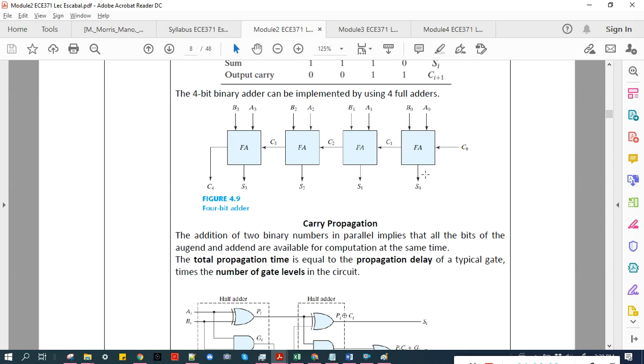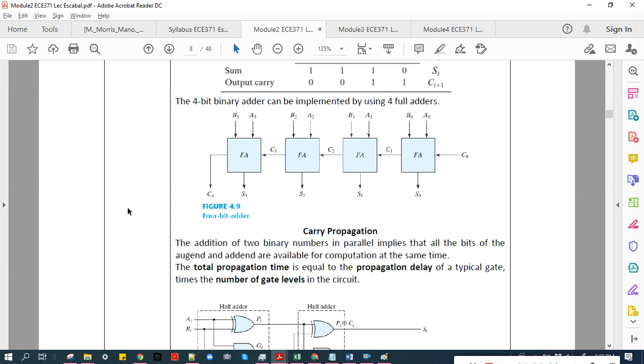Then we have the output S sub 0, the sum, and the carry will be propagated to the next stage. So that's how you implement a 4-bit adder using full adders. We can extend that to any number of bits. Say a 10-bit adder, we need 10 full adders to implement it.